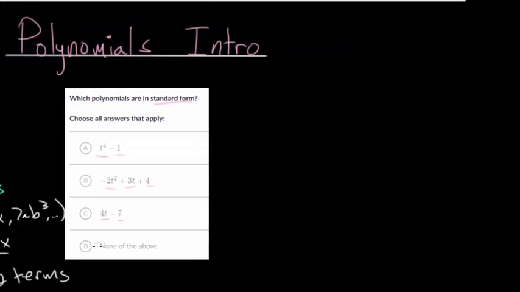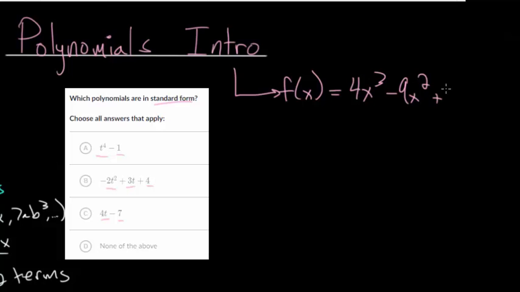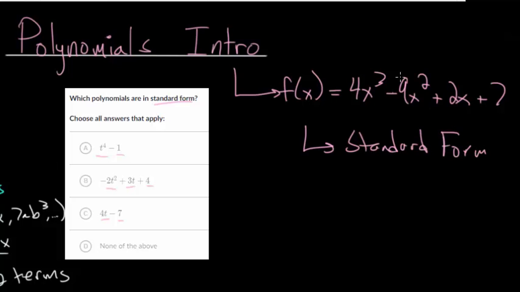So we need to understand what is standard form. And when you write a polynomial, let's say we have f of x, you might see something like 4x cubed minus 9x squared plus 2x plus 7. So this is what we call standard form, where the highest power term is written first.